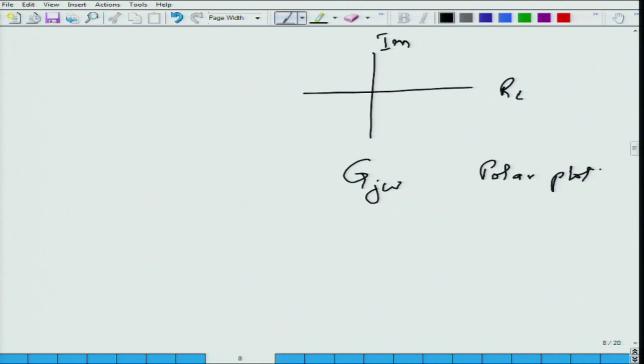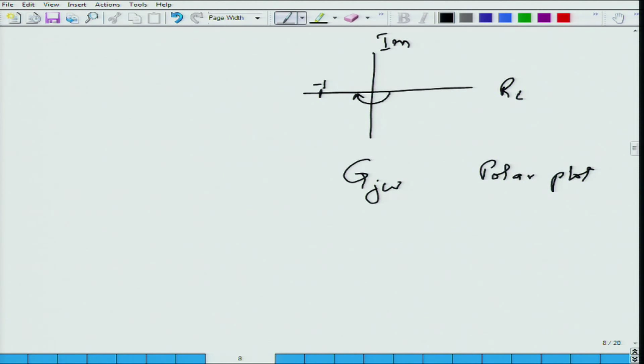Then frequency phase shift of minus 180 degrees means that the angle is minus 180, this is the angle. Amplitude ratio 1 means you are talking about this complex number. Yeah. So, this number minus 1, real part is minus 1, imaginary part is 0, is actually special.